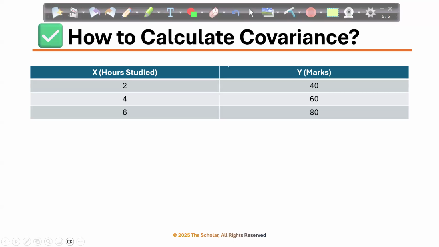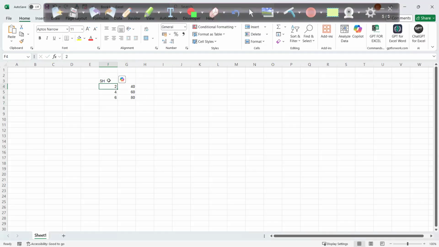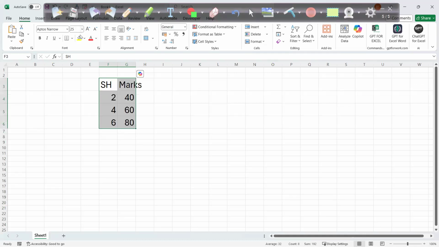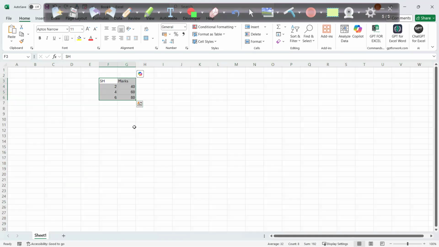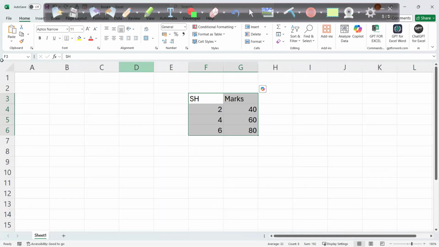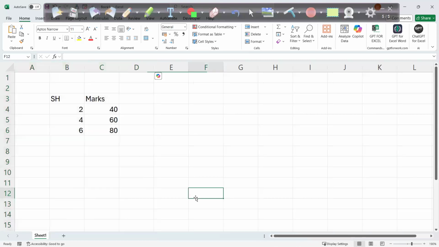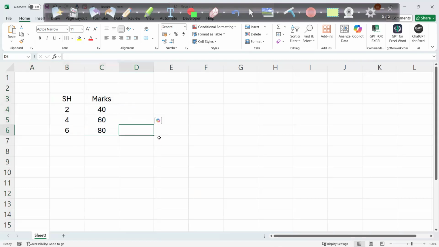This is your study hours and marks. Okay, so this is my data. And my interest is to find out the covariance. As of now, we are discussing covariance. There are certain problems with the covariance as well. All those things we'll discuss, but let's calculate that first.